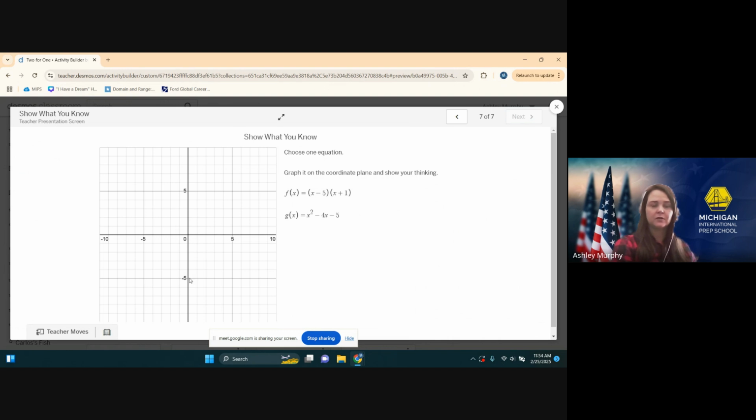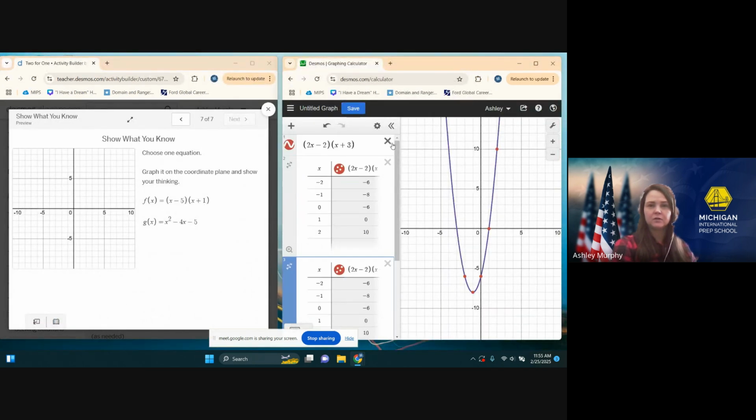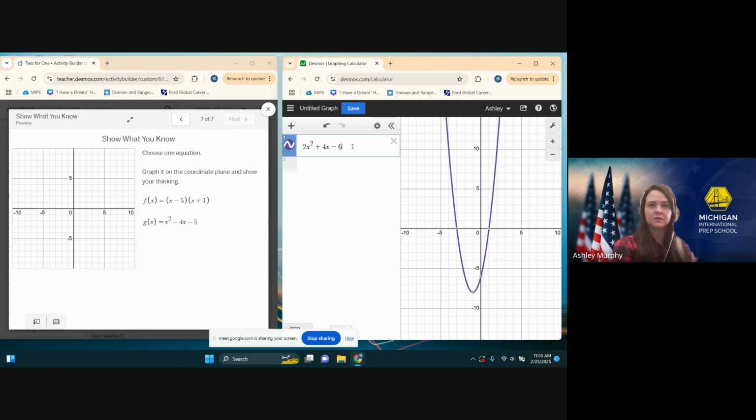When you plug in zeros, that gives you your y-intercept. So I have a dot here at -5 and a +5. So my parabola should be roughly right around this area. And we can take a look at that over here to see if I was right.